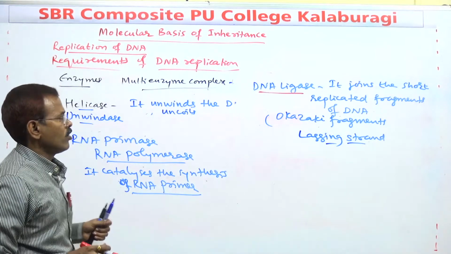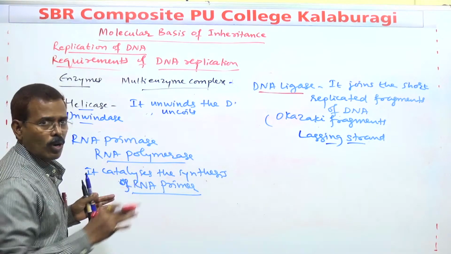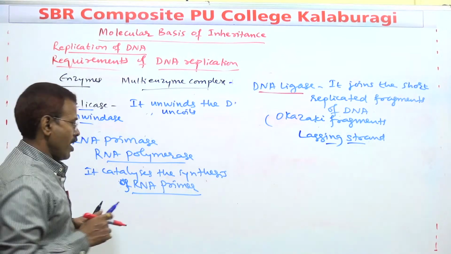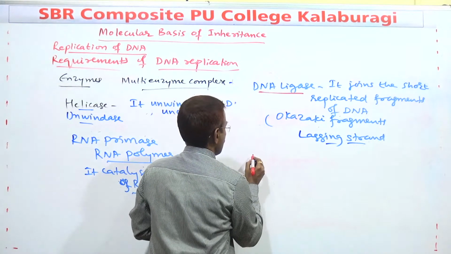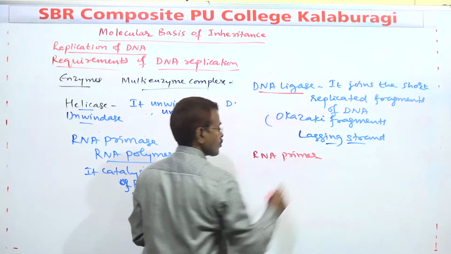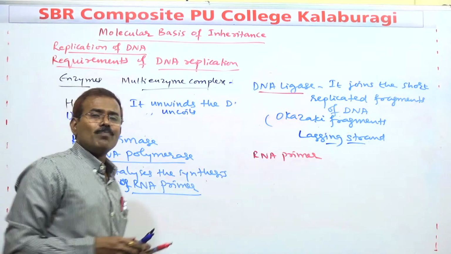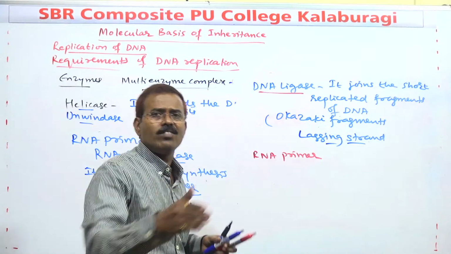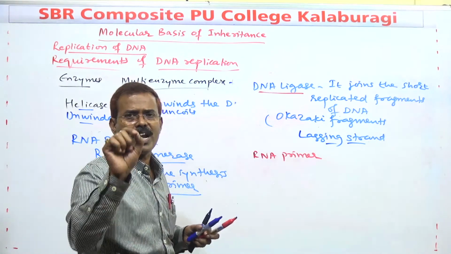So these are some important enzymes which are required in DNA replication. So we have to learn about RNA primer. Without RNA primer, DNA polymerase 3 cannot catalyze the synthesis of new strand of DNA, remember.